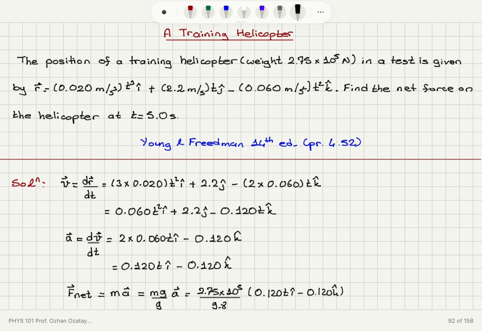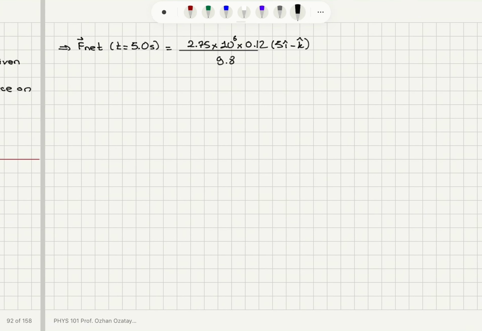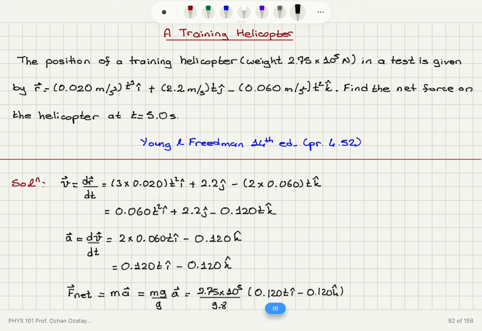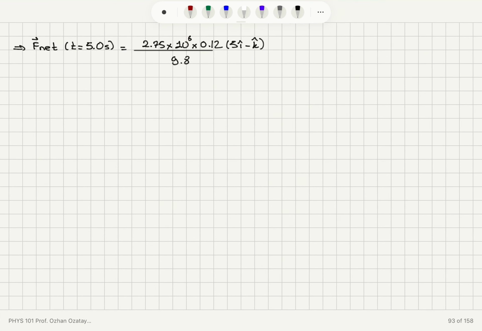So I've taken 0.12 into parentheses, and substituting for time 5 seconds, I have here 5 i hat minus k hat, and the weight is 2.75 times 10 to the 5.